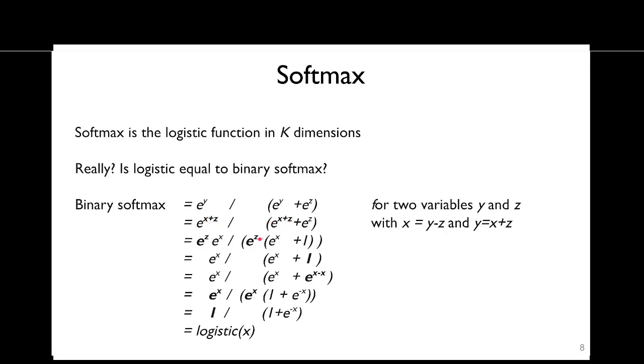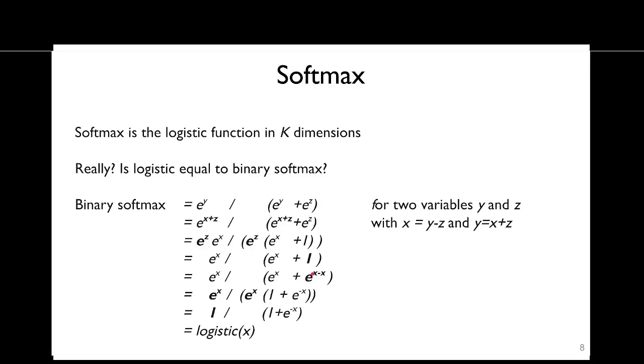And that is what we can insert here into the formula. After inserting this, we can bring e to the power of z to the front and cross it out. And our formula has changed to e to the power of x divided by e to the power of x plus 1. Now, 1 is equal to e to the power of 0, and 0 is equal to x minus x. So we can move to this line in which we have replaced this 1 by e to the power of x minus x.